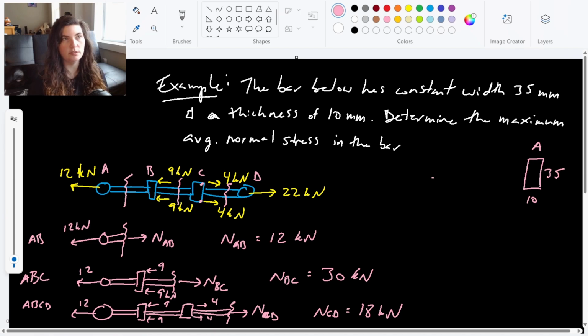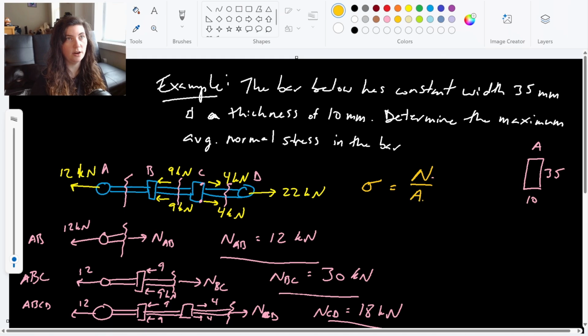So now that we have all of these normal forces, what is our normal stress? What's our average normal stress? Now we could go ahead and calculate our average normal stress for each of these three scenarios, but we really don't need to, because we know that our average normal stress is going to be the normal force over the area.